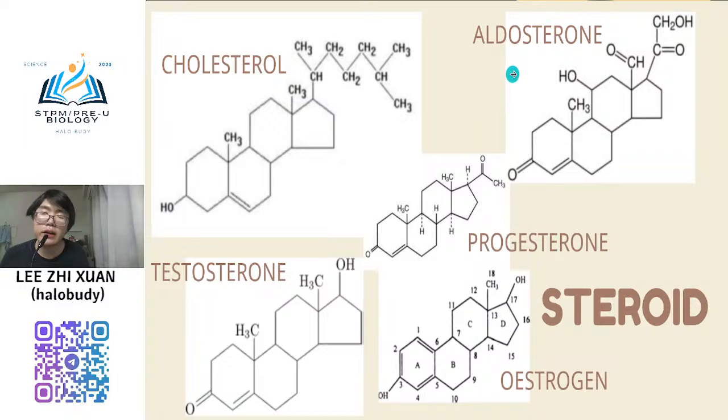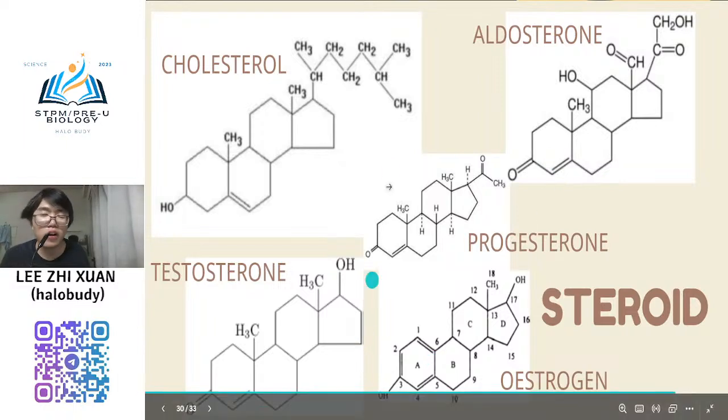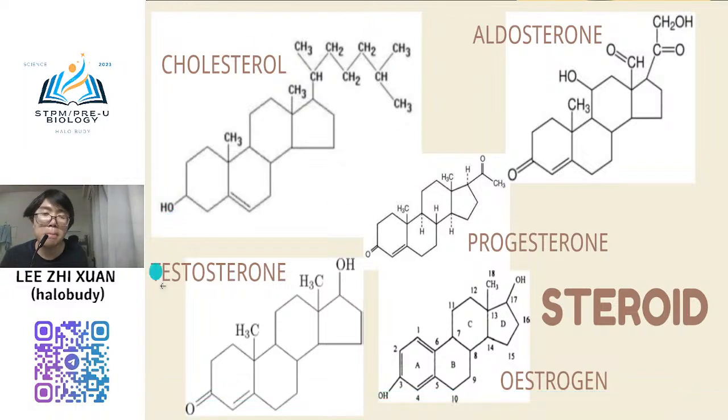And also there is aldosterone, which plays a role in homeostasis. And another one, the most famous one, cholesterol. If we refer to the MPM syllabus, the main focus is cholesterol. For the others you don't need to know the structure, but for cholesterol you must remember the structure.